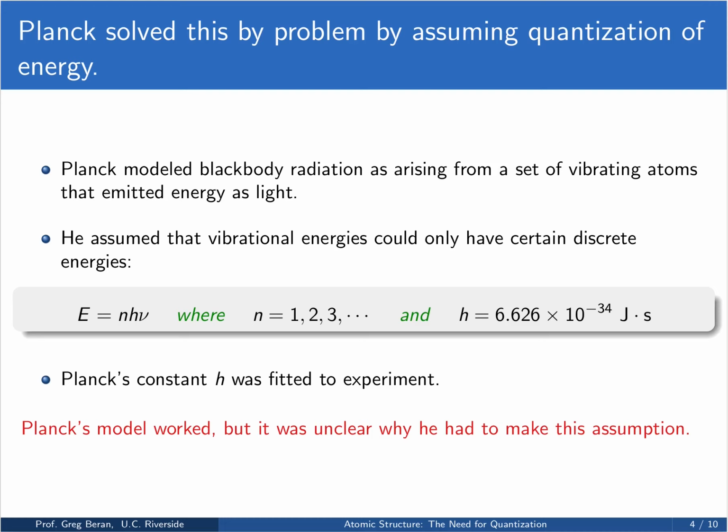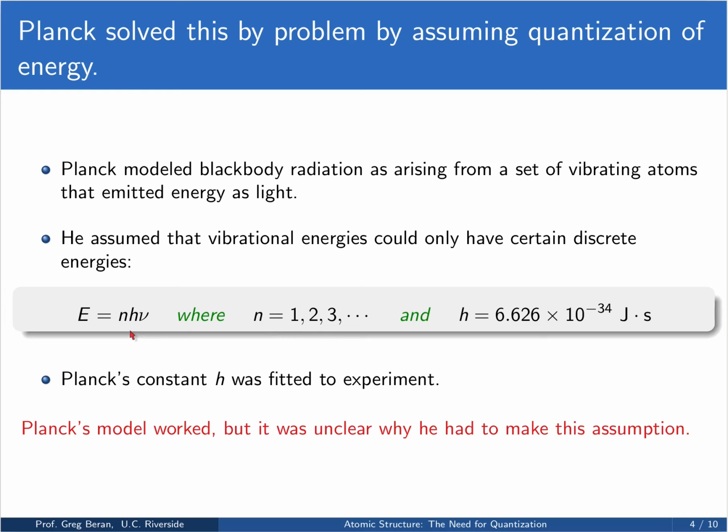However, the key unique feature he added was that he assumed that the vibrational energies could only have certain discrete energies, so that the energies had the form of the frequency at which the atoms were vibrating, times some constant, h, times an integer n, where n could be 1, 2, 3, 4, etc. And so this is this idea of quantization of energy, that there's only certain allowed values of energy that can occur that are these integer multiples of h times nu.